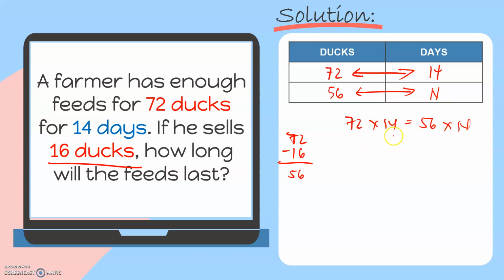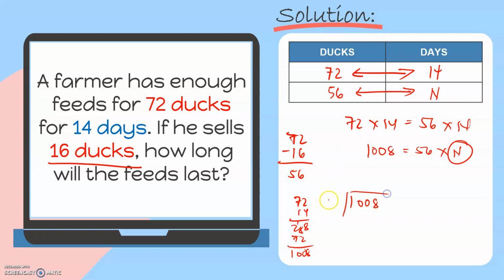And 72 times 14, let's solve it here, will give us 1008. Then we'll have 56 times n. For us to find the value of n, we will divide 1008 by 56.